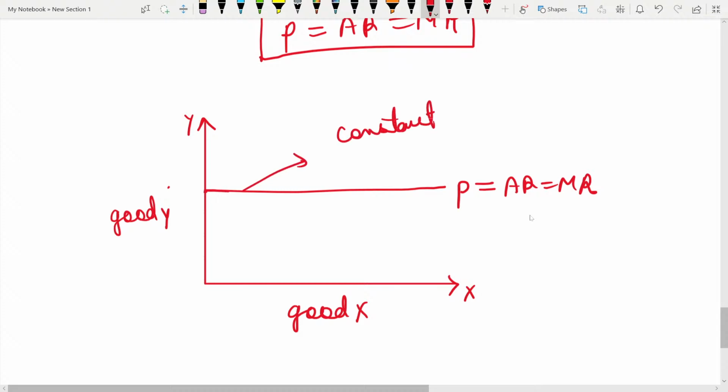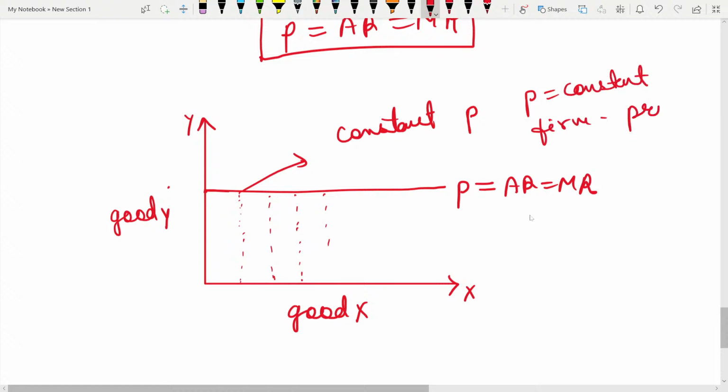At this constant price a producer can sell any number of goods at the prevailing price, because in perfect competition, as we are all aware, the price is constant.